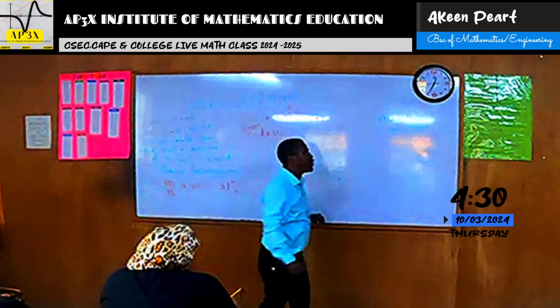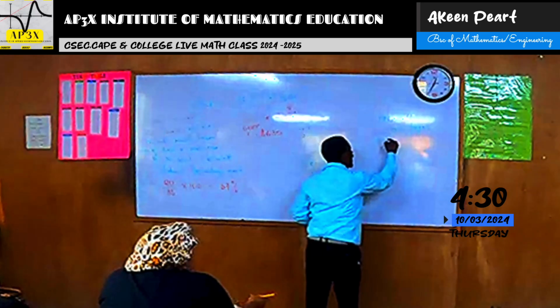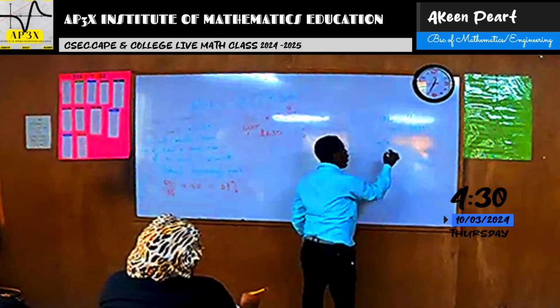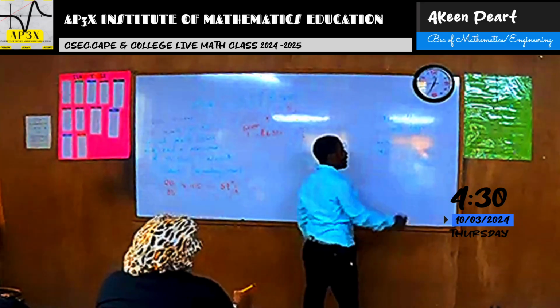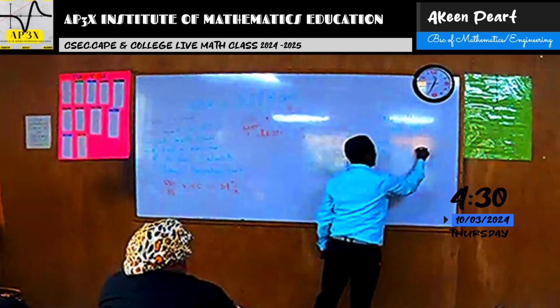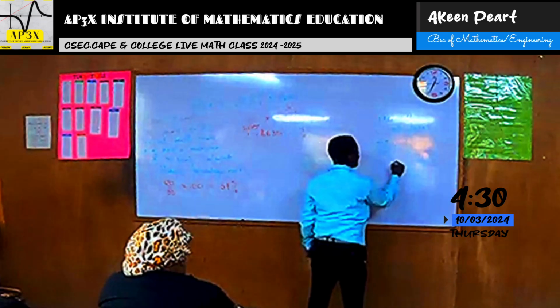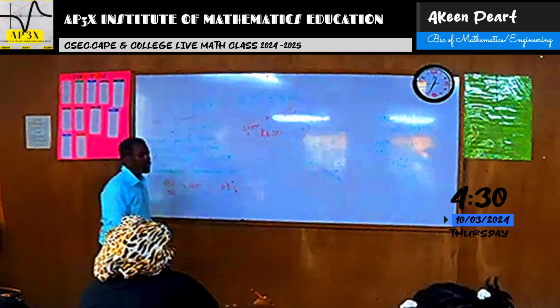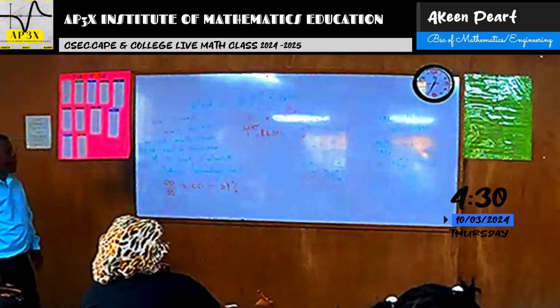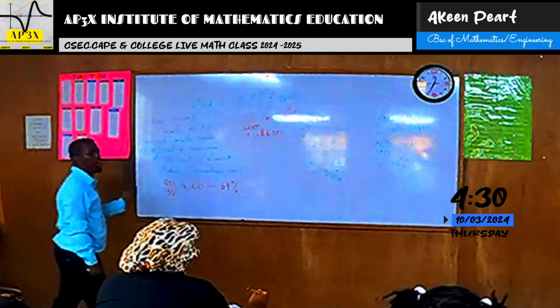Since she has 143 pages left out of a total of 190 pages, you just multiply by 100, and when you do the maths, the answer is 75%. So that is the concept behind it.